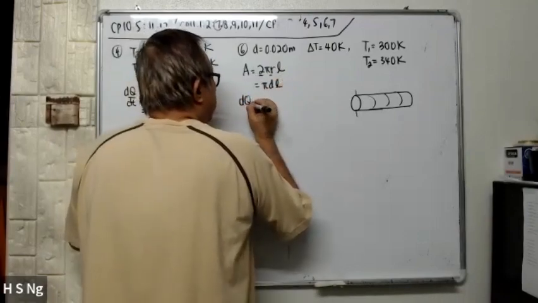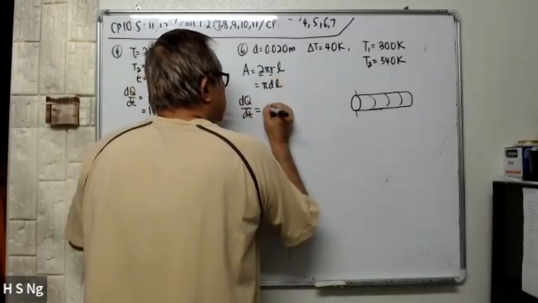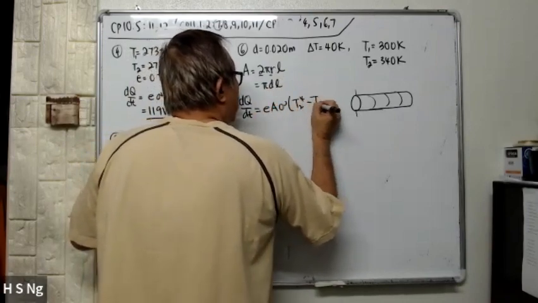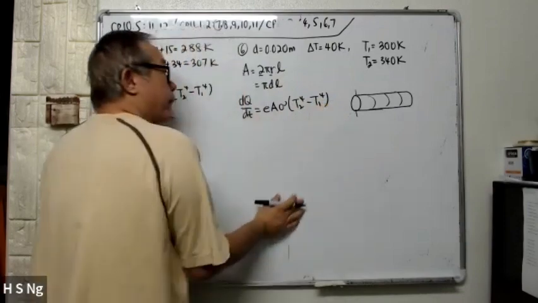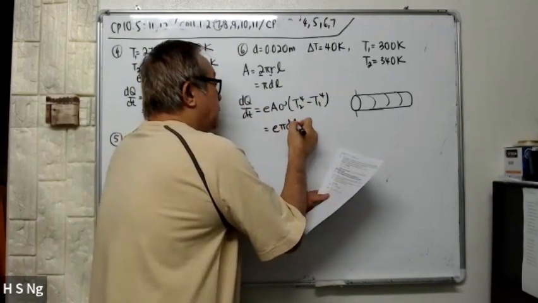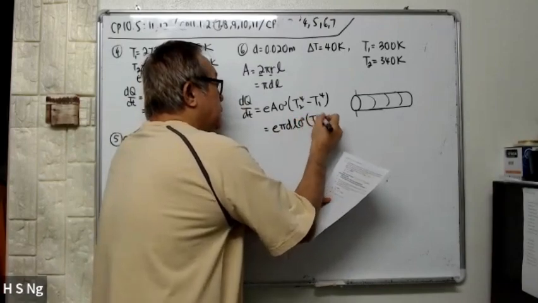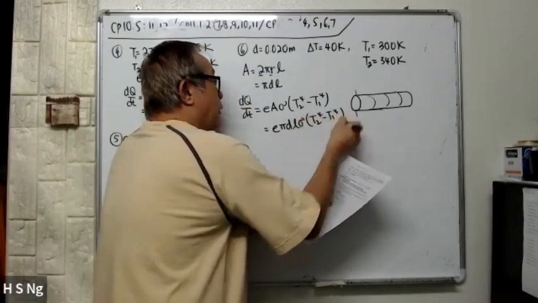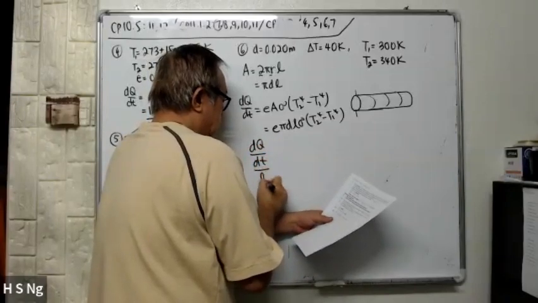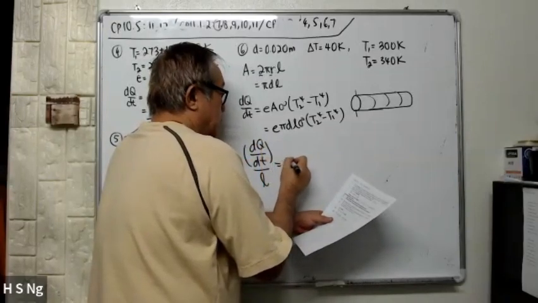So dQ per dt is E A sigma (T2^4 minus T1^4), that is E pi dl sigma (T2^4 minus T1^4). They want the rate of heat per unit length.